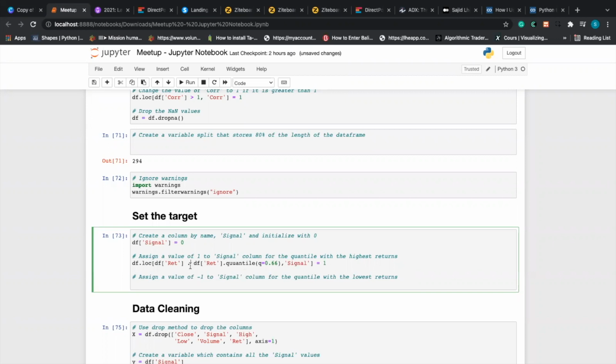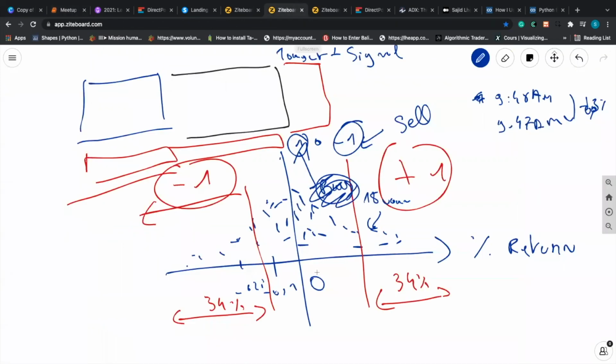Sorry, that's bigger, because when I'm saying 0.66, if you go back to our graph on how we are going to discriminate the data, here you have the quantile at 34, and 100 minus 34 equals 66.